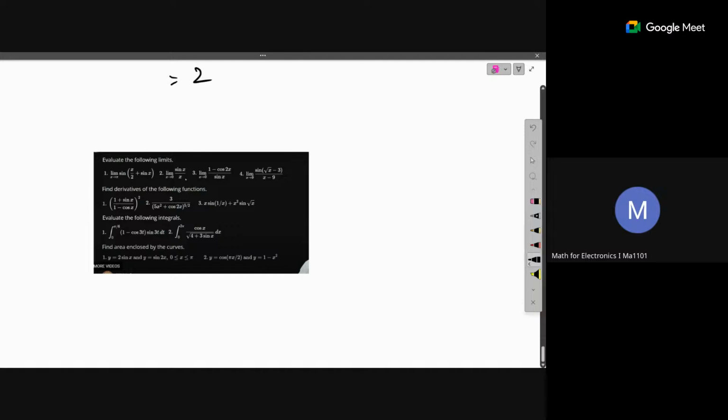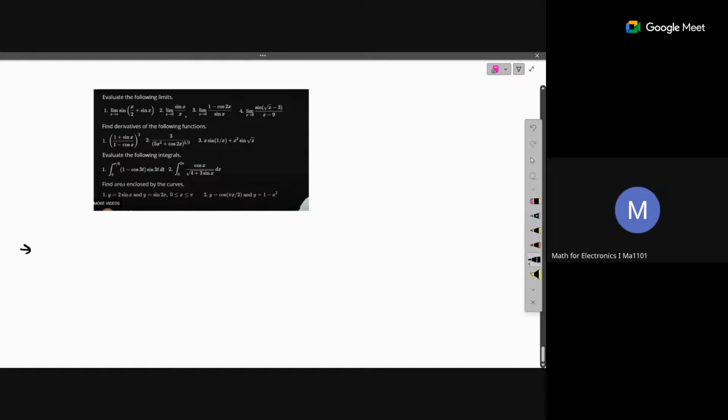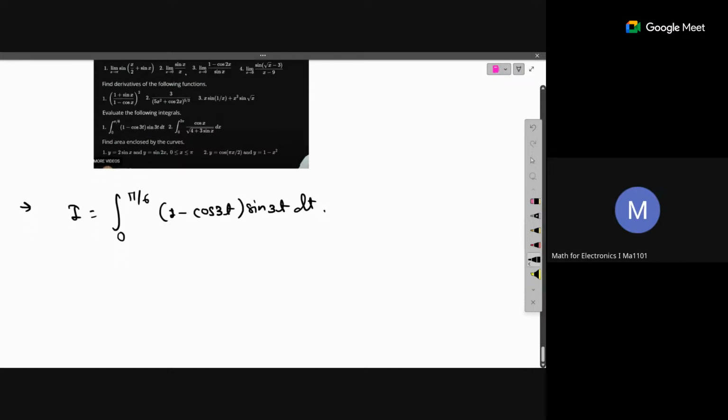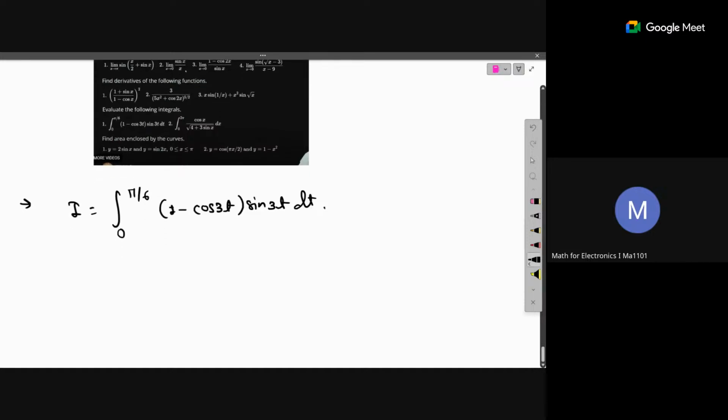So for the first integration, I think we will just use substitution. So let's try. Here the integration is 0 to pi by 6 of (1 minus cos 3t) into sine 3t dt. This is a question after complex numbers.